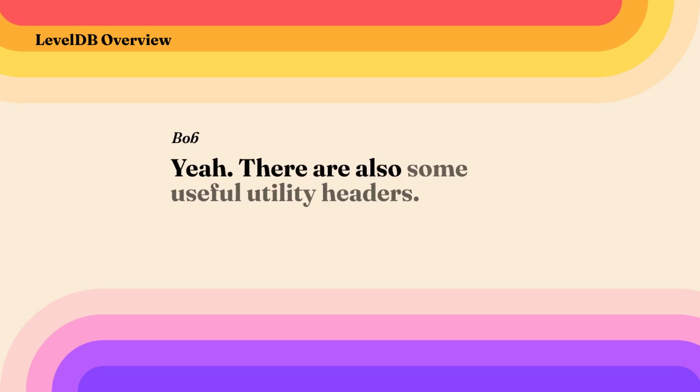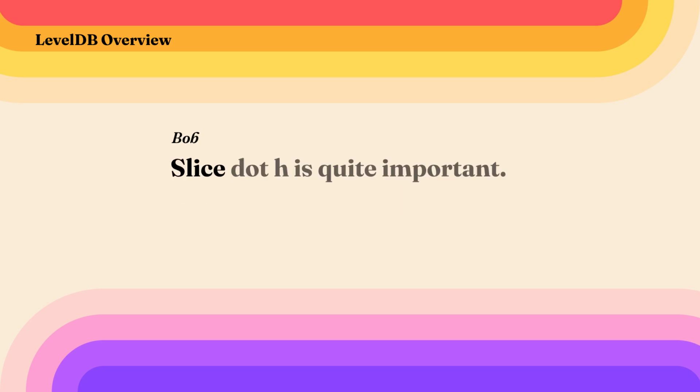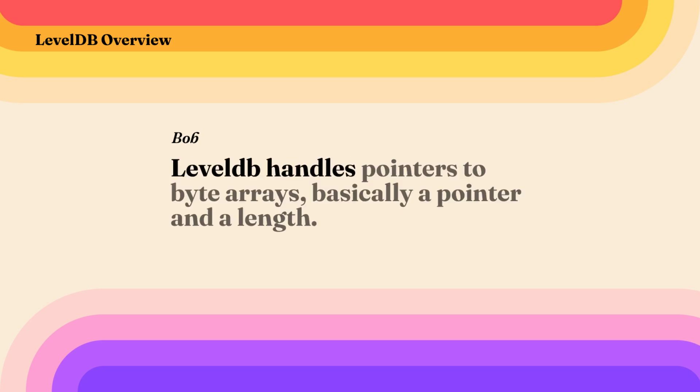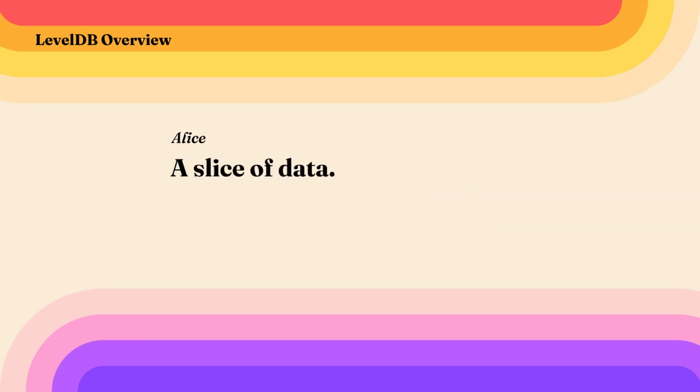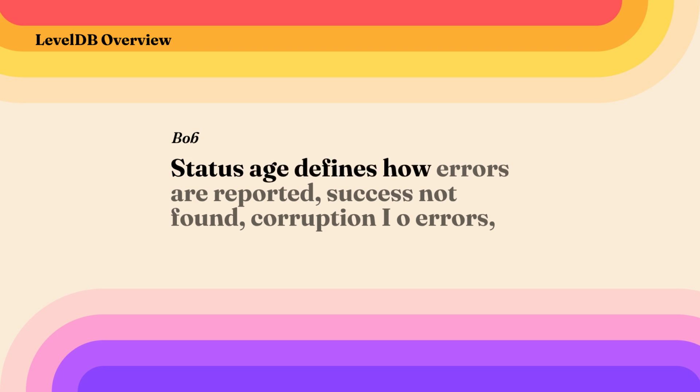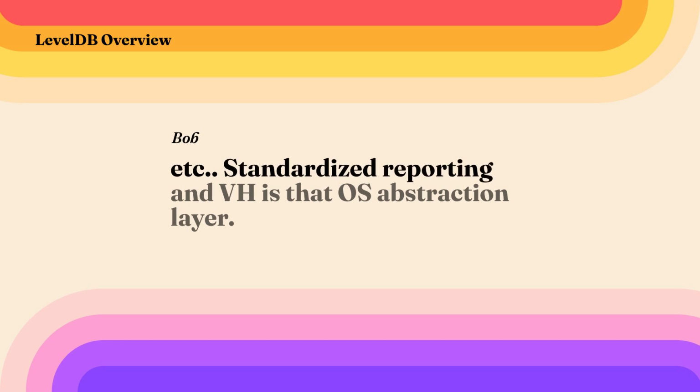Yeah. There are also some useful utility headers. slice.h is quite important. It's a simple, efficient way LevelDB handles pointers to byte arrays, basically a pointer and a length. Very common in the API. A slice of data. Okay. status.h defines how errors are reported: success, not found, corruption, I/O errors, etc. Standardized reporting.